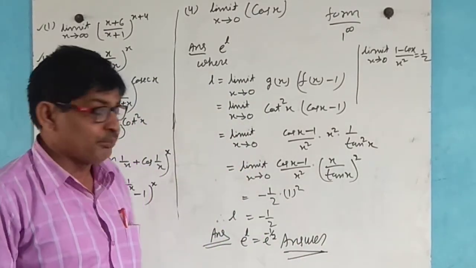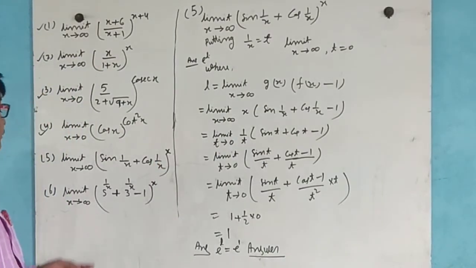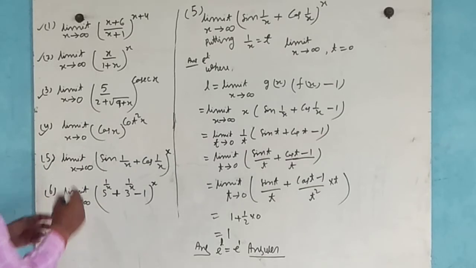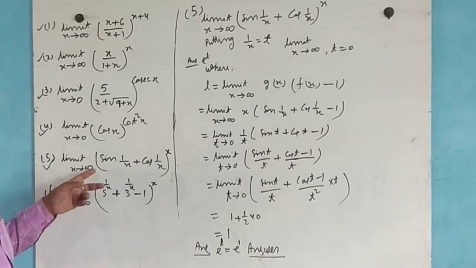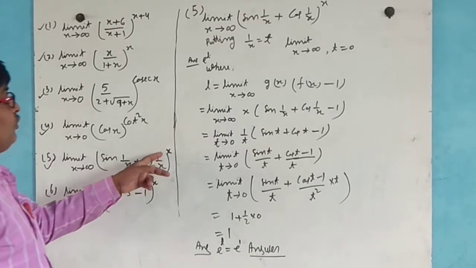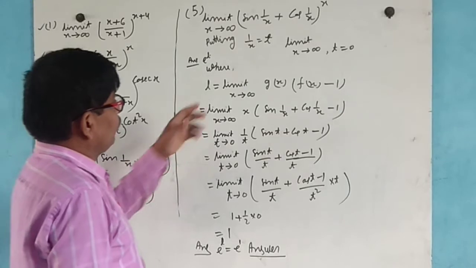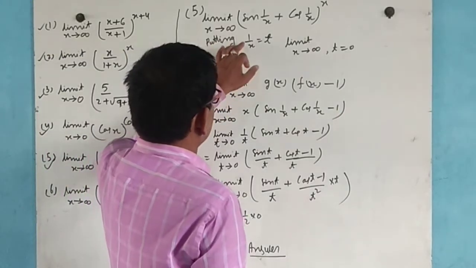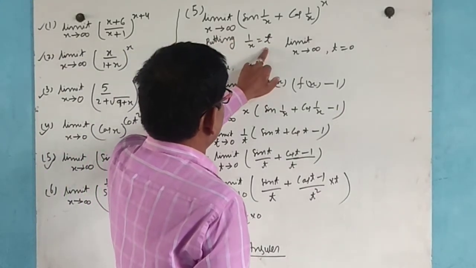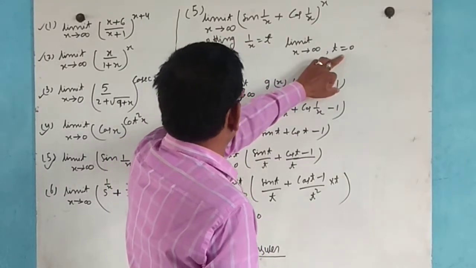Now next problem. Now fifth question. Limit x tends to infinity of (sin 1 by x plus cos 1 by x) to the power x. Here f(x) and this is g(x). So putting 1 by x equal to t, so that limit x tends to infinity, t tends to 0.